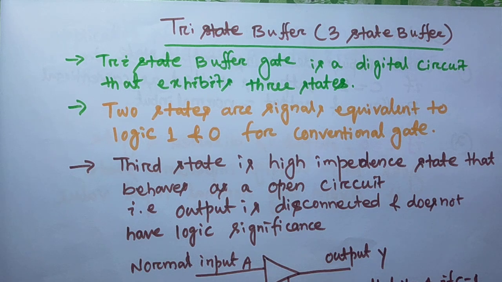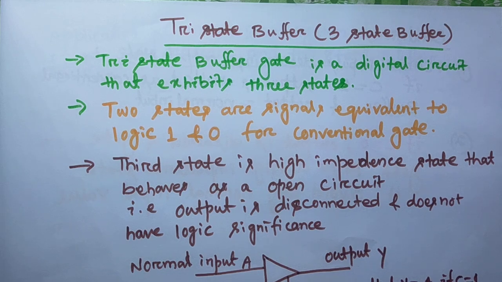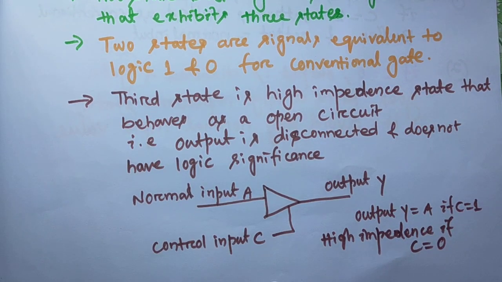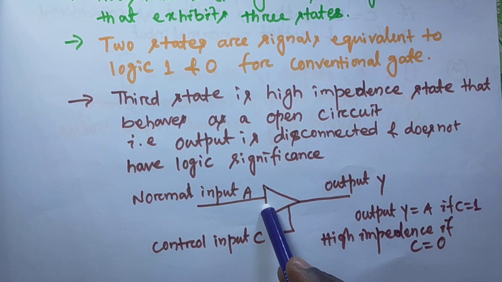Now I will show you a simple design of a three-state buffer, in a very simple way, so we can understand how it is designed. Here I have already designed it. Here is a three-state buffer.